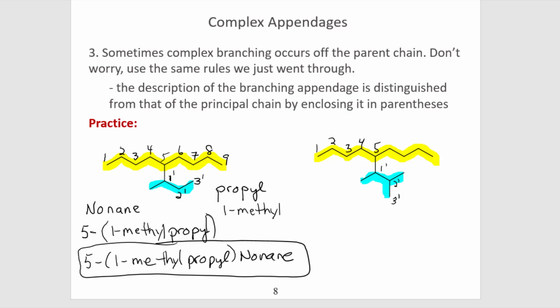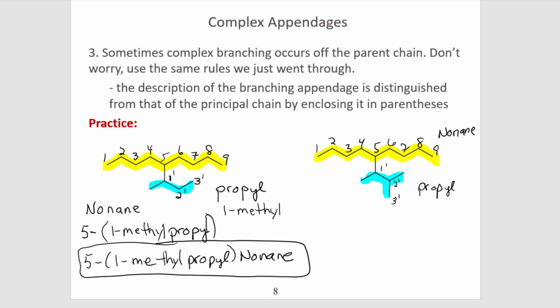I'll go down, 3', doesn't matter. The longest parent chain off as a substituent is 3. So it is, again, propyl. So my longest chain, 6, 7, 8, 9, is nonane. I've named it. Hold on to that.